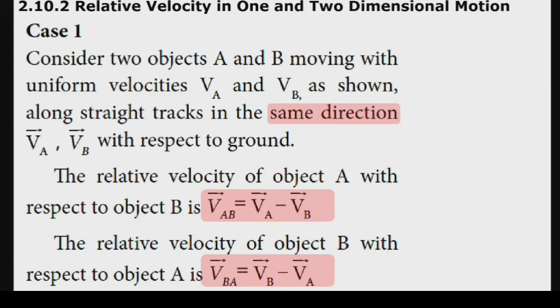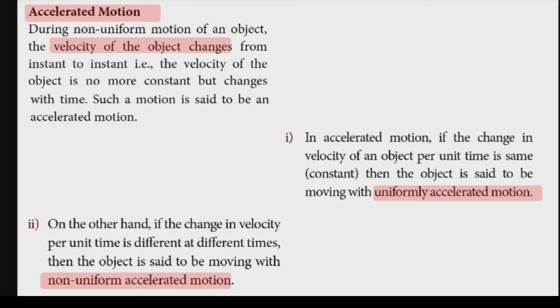The relative velocity of object A with respect to object B is VAB vector is equal to VA vector minus VB vector. The relative velocity of object B with respect to object A is VBA vector is equal to VB vector minus VA vector.